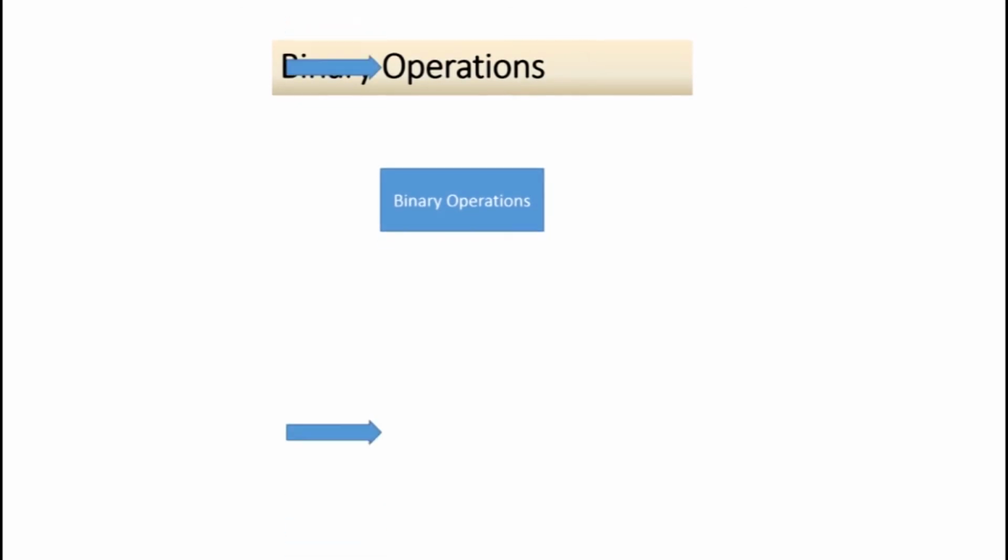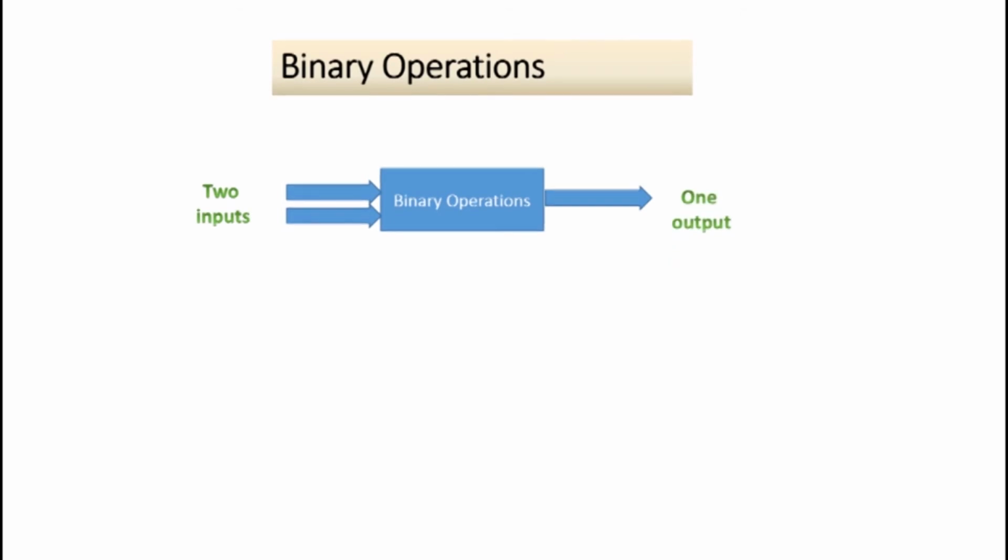Such operations that require 2 operands and produce one result are known as binary operations. Let's take an example of A plus B is equal to C. Here, in this expression for the addition operation, two inputs A and B are given and the result will be stored in C. So C is a single operand on the right hand side of the equation and A, B are two operands on the left hand side of the equation.